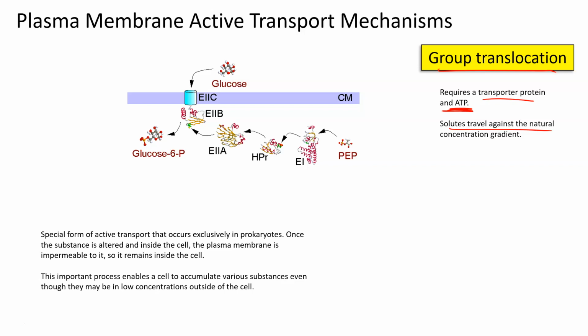The way that group translocation works is that it is a special form of active transport. It occurs exclusively in prokaryotes, so this is not a eukaryotic process.